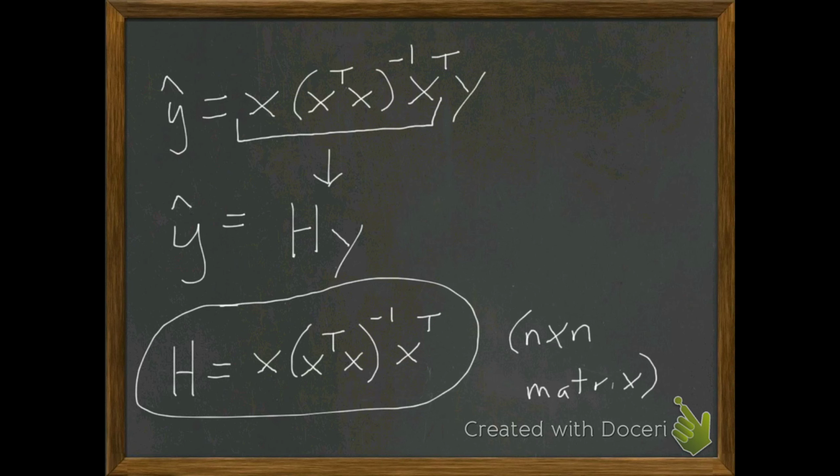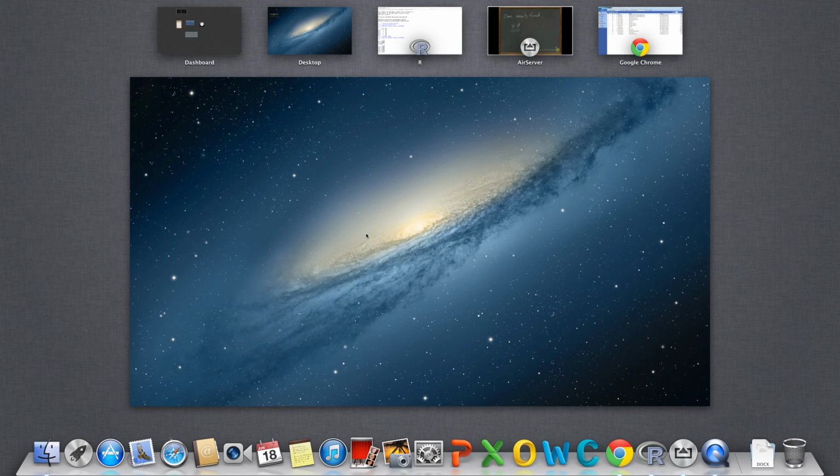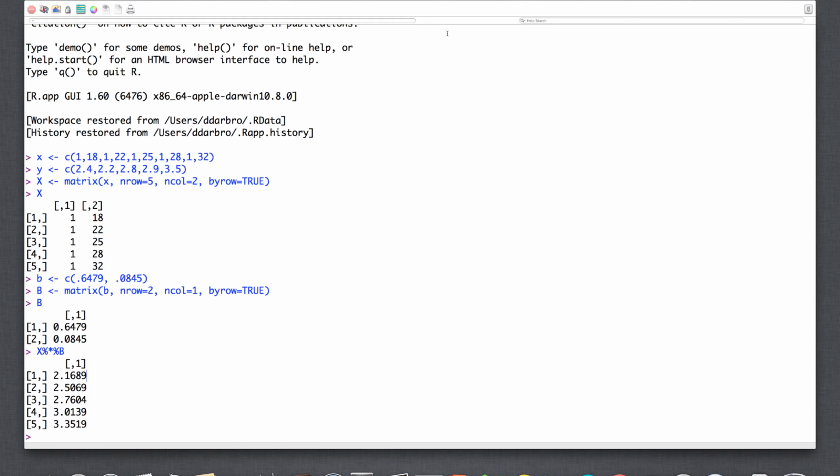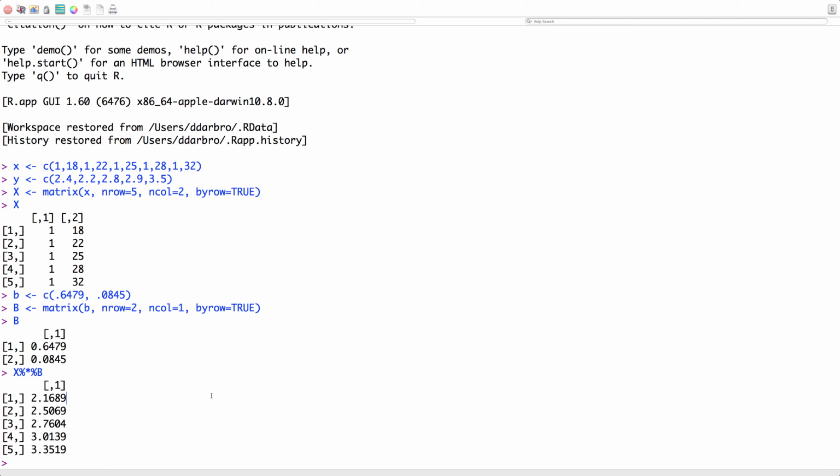So I'll tell you what. Let's go calculate the hat matrix back in R. So we're going to do the hat matrix, and I'm going to call this matrix Y. What I want to do right now is take X transpose times X inverse.